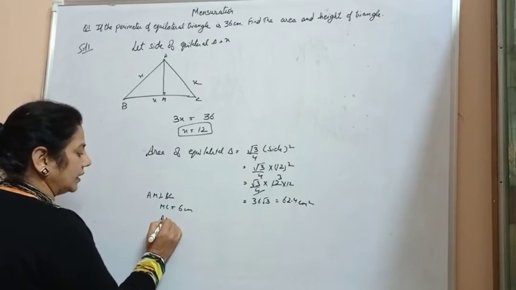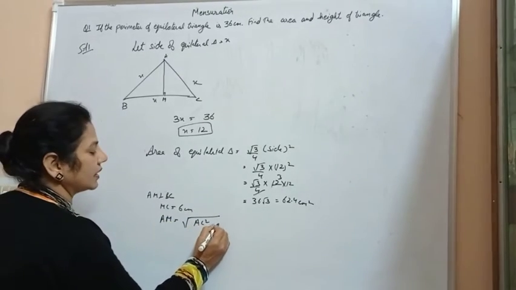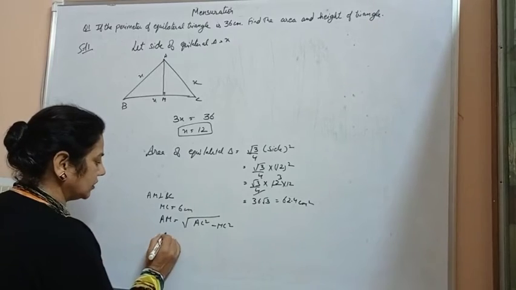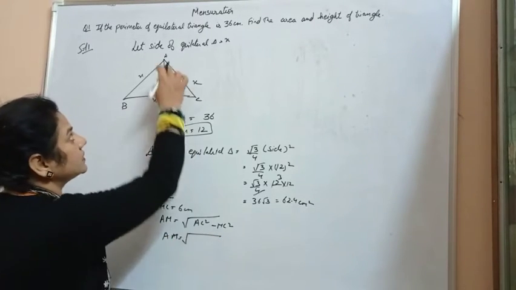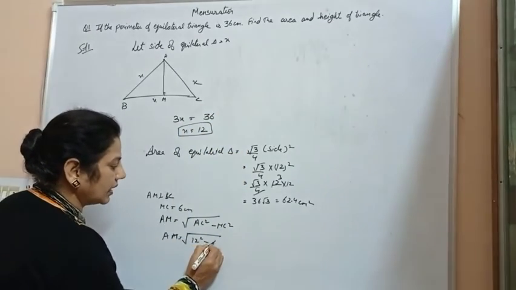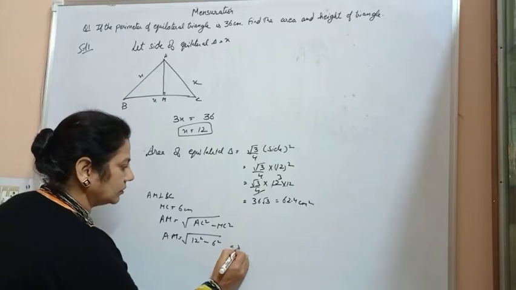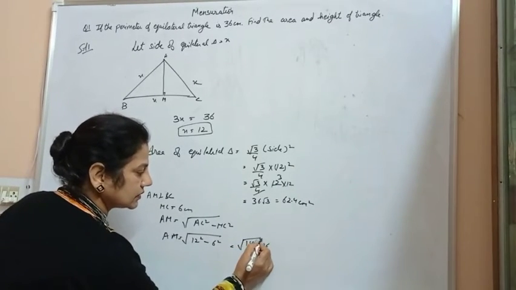To calculate the height, AM is given as under root of AC square minus MC square. AC is the side of our equilateral triangle. So 12 square minus 6 square, which is equal to under root of 144 minus 36.